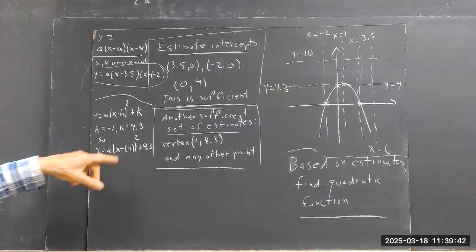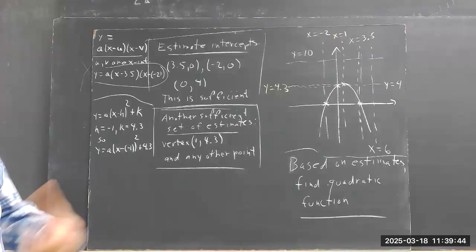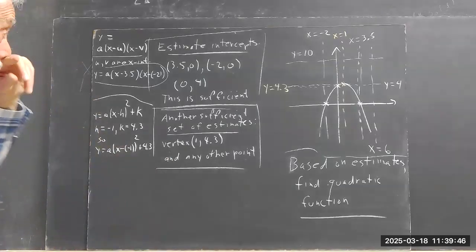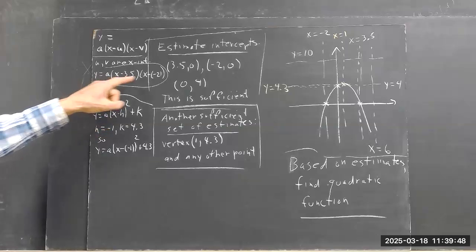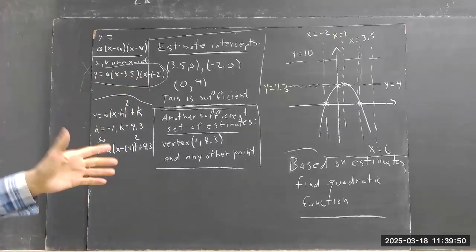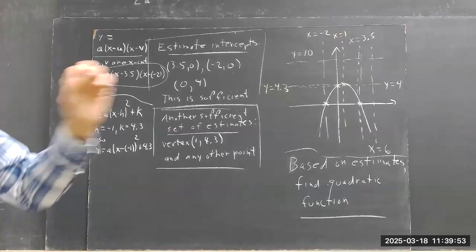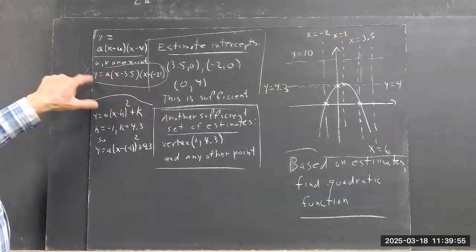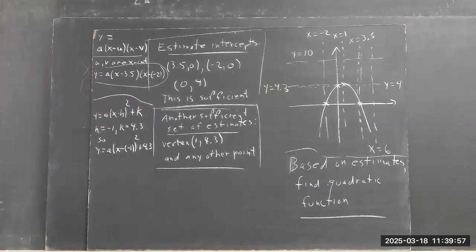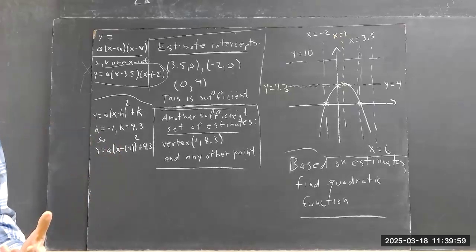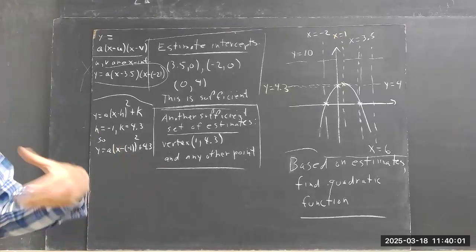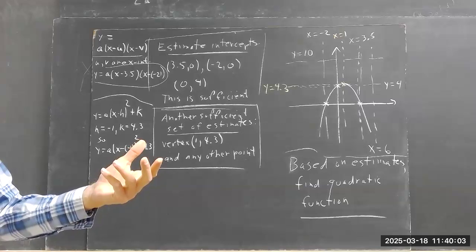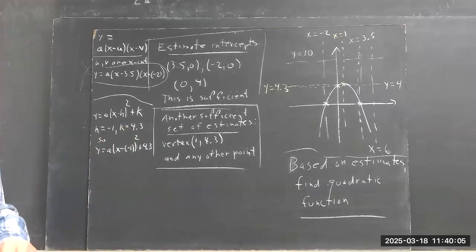Okay? If you know the intercepts, you can write this. Then if you have the coordinates at any point, any x, y, you plug in x, you plug in y, and you get A. Does that make sense? So that's how you use a graph to determine the equation of a function.